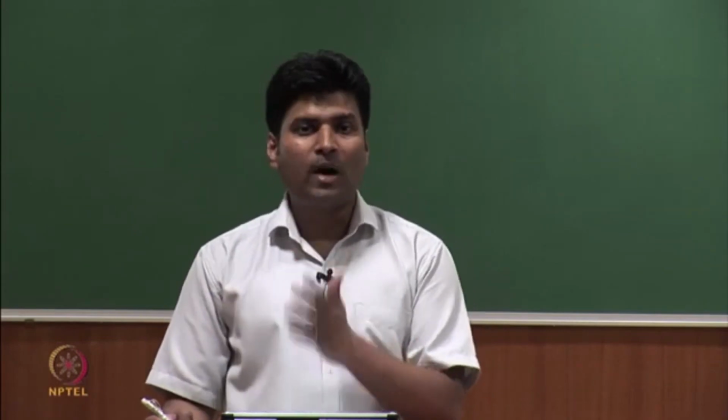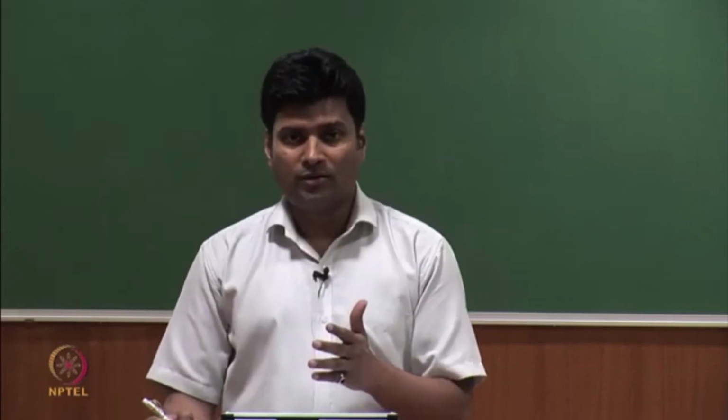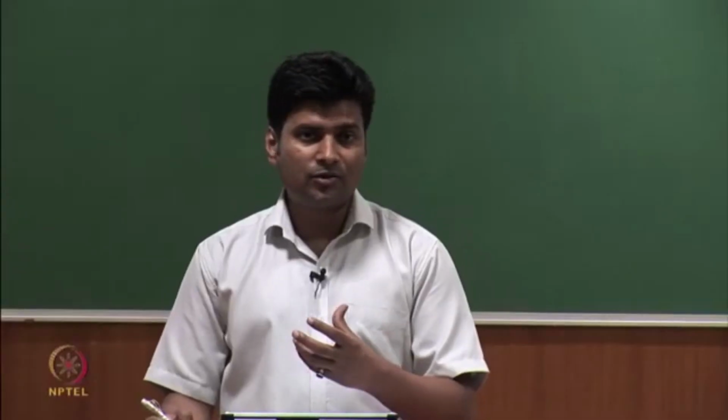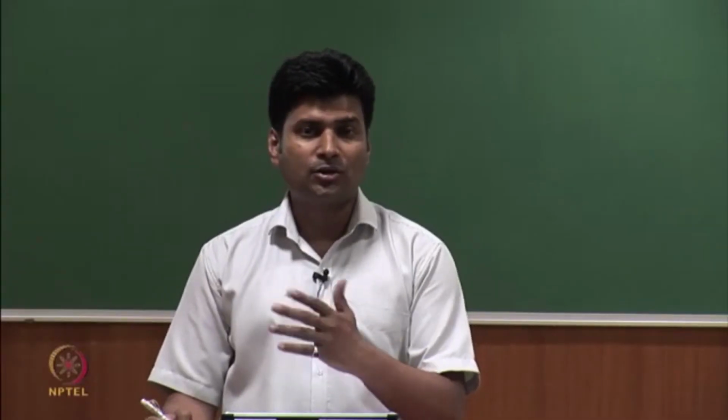All the planes have to pass through the same point. Now, you see, in this case with the tetrahedron, plane 1, plane 2, plane 3, all three of them pass through point O, but the plane n, the tilted plane, is not passing through the point O, right, whereas our goal is to relate the tractions on all the planes which pass through the same point.